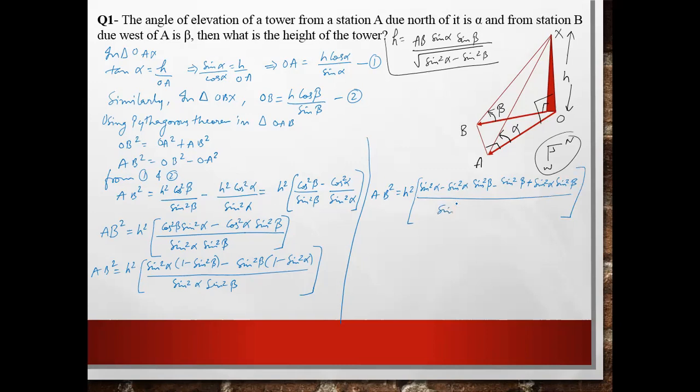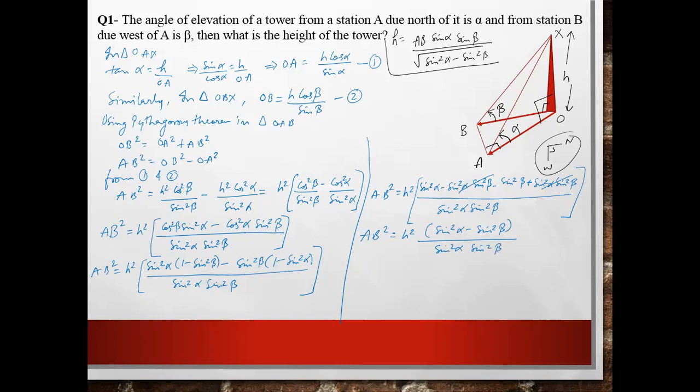In the denominator, it will be sine square alpha sine square beta, right? So sine square alpha sine square beta minus, and it's also plus, so it will be cancelled out. I'll be getting AB square as h square times sine square alpha minus sine square beta upon sine square alpha sine square beta.